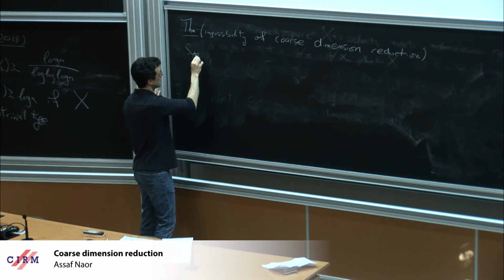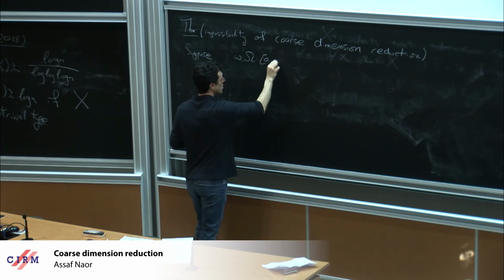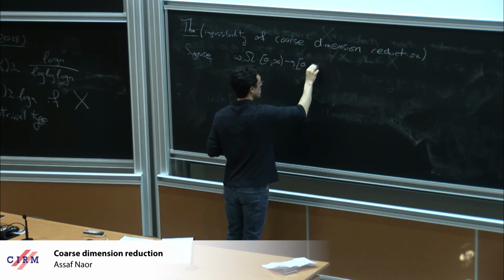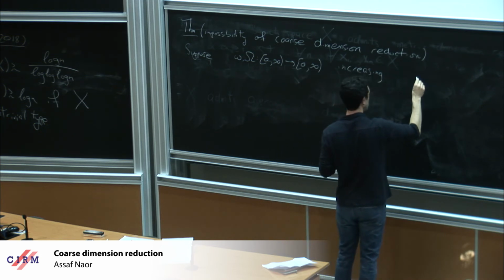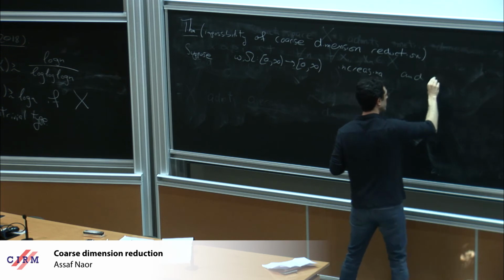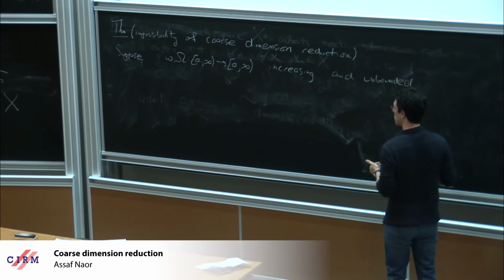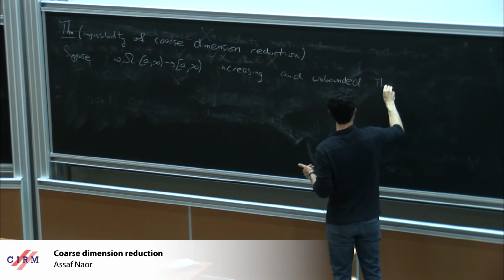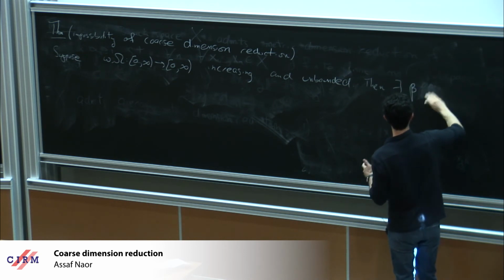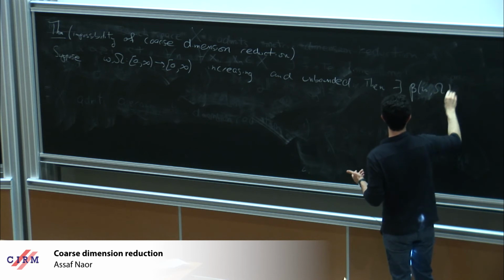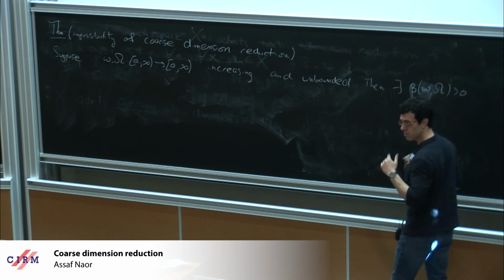Suppose that you're given two moduli, let's say little omega and capital omega, increasing, tending to infinity, and bounded. Then there exists a number beta, which depends on these moduli. I'll give a formula of what I know how to get. I'm not claiming that this is the right one, but it's positive, okay?